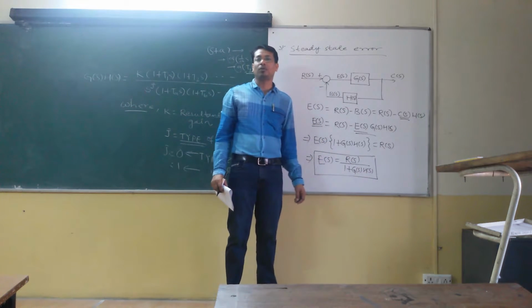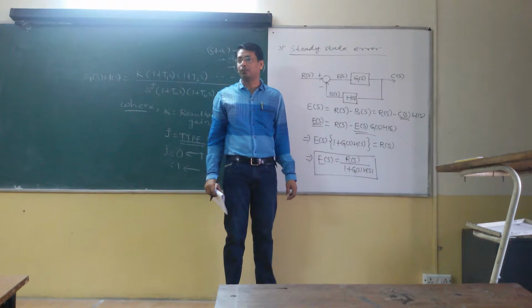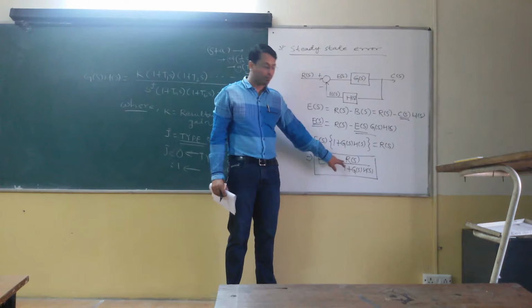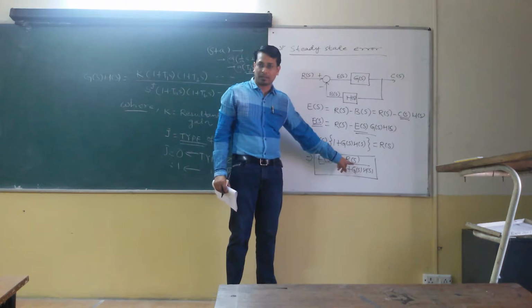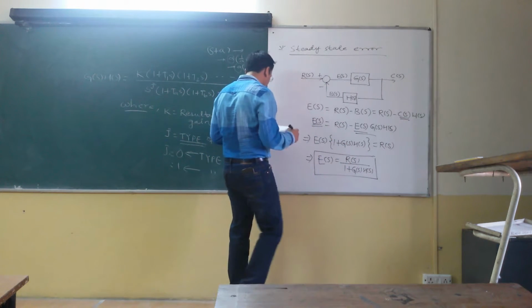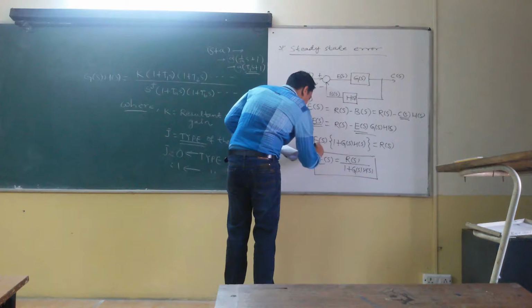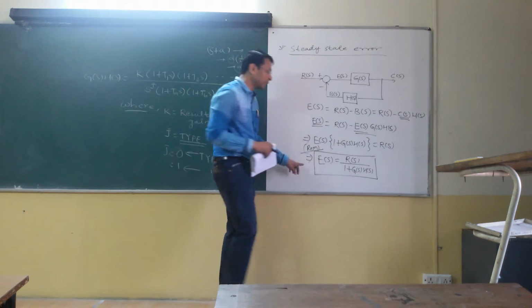If somebody asks whether the steady state error depends upon the input or not, what will you say? Yes. It will depend upon the input because the R(s) term is there in the numerator. This is an important equation which you should remember.